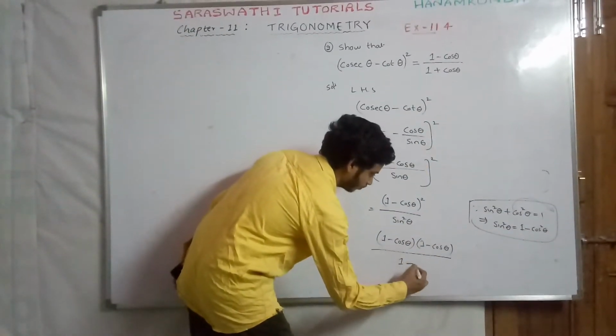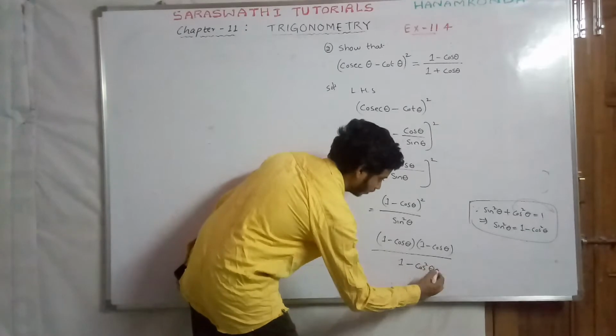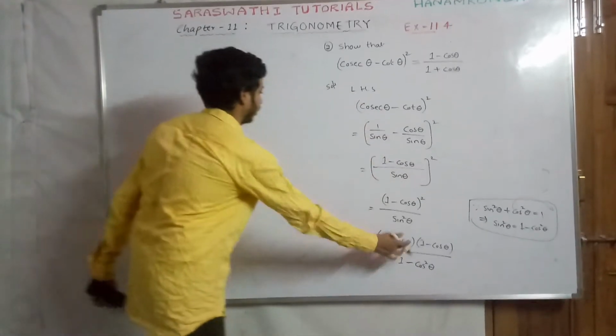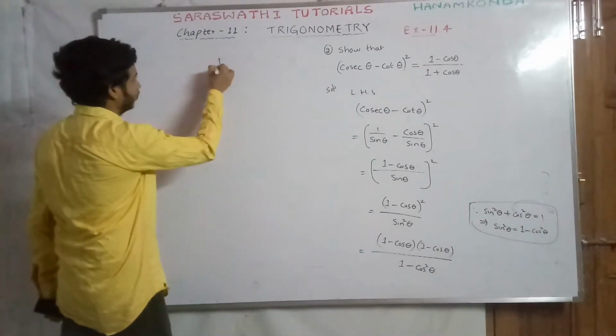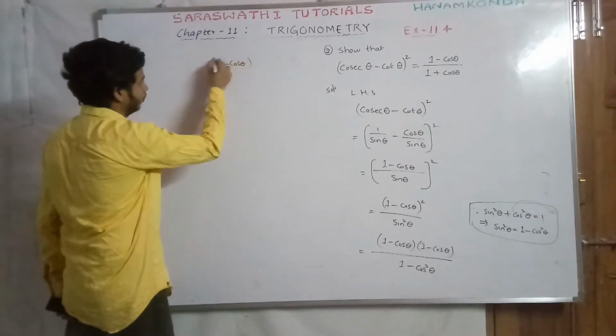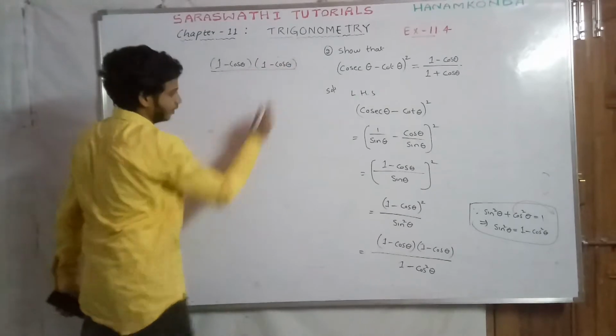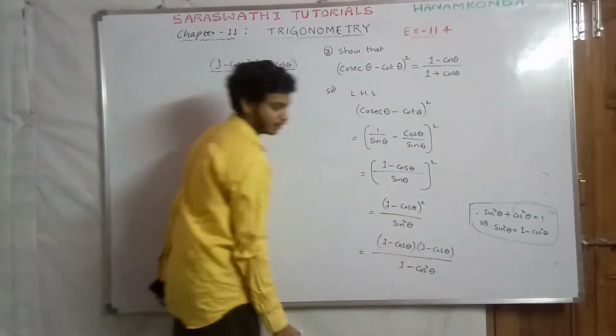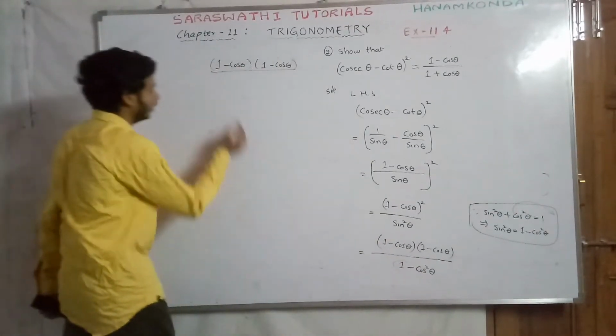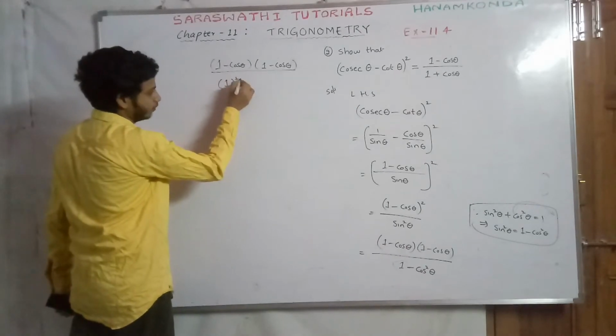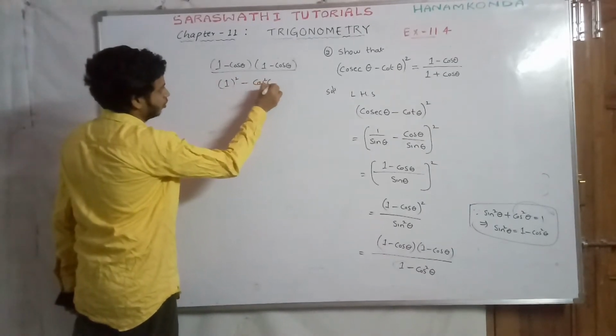Now the numerator is (1 minus cos theta) into (1 minus cos theta), and the denominator is 1 minus cos square theta. We can write 1 as 1 square, so 1 square minus cos square theta.